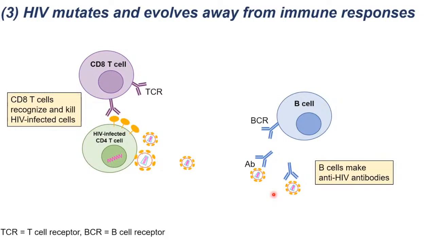Interestingly, the B cells also express on their cell surface an anchored version of the antibody that we call the B cell receptor. A really central aspect of immunity is that although we have millions and billions of different CD8 T cells and B cells in our body, they all show on their surface a different TCR or a different BCR.